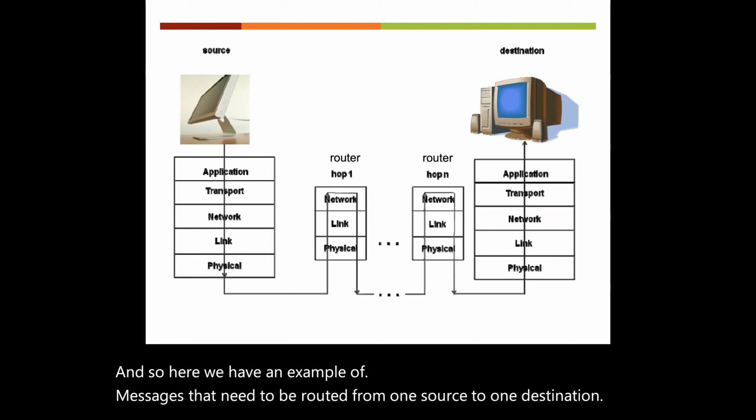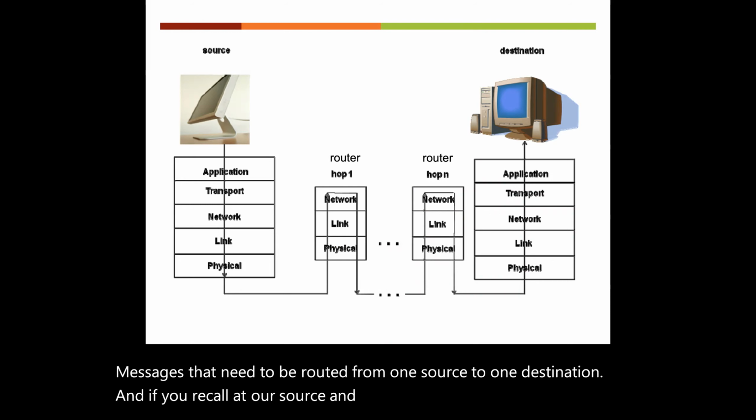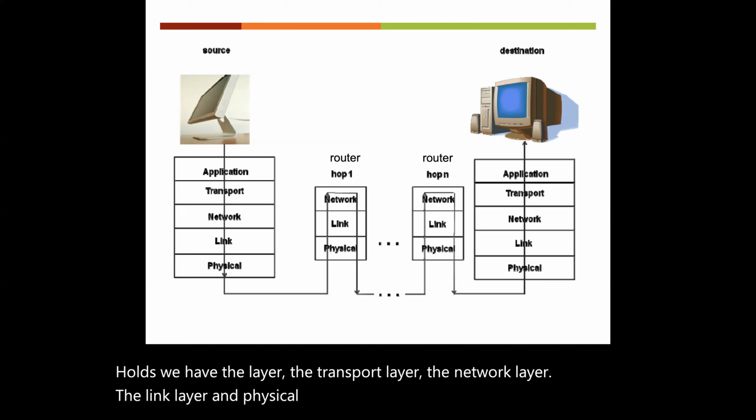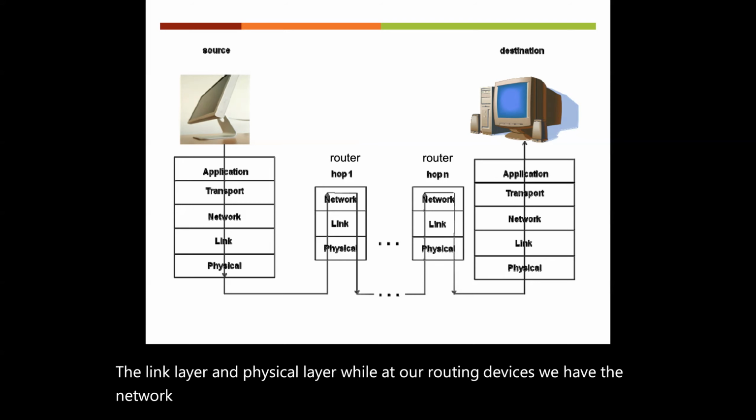And if you recall, at our source and destination hosts, we have the application layer, the transport layer, the network layer, the link layer, and physical layer. While at our routing devices, we have the network layer, the link layer, and the physical layer.